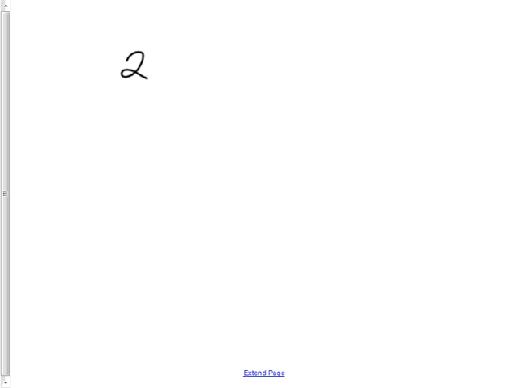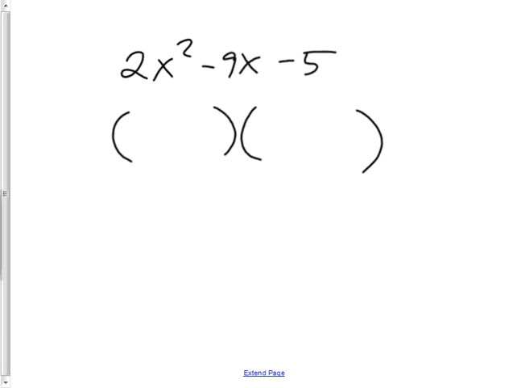What if it's like this? 2x squared. Try factoring that one. The thing that adds complication is the lead term is a 2. And so this number has to change. Other than that, it's done in a very similar way.